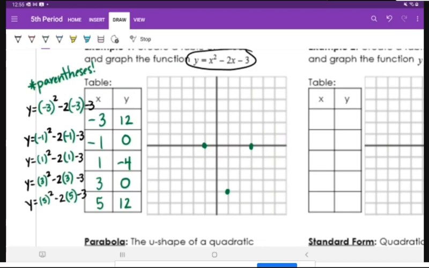So what we're going to do now that we've drawn as many points as we can fit on here, if we wanted to draw a couple extra, like if we want to know what's going on at 0 or at 2, we could plug those in really quickly. Actually, I'm going to do that.